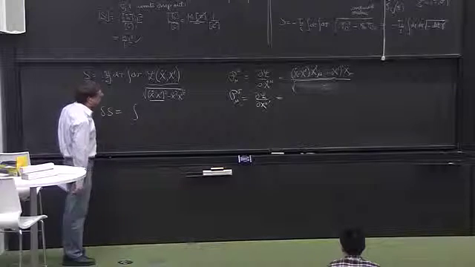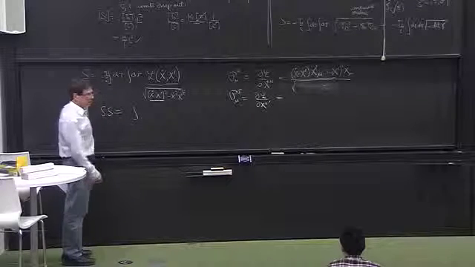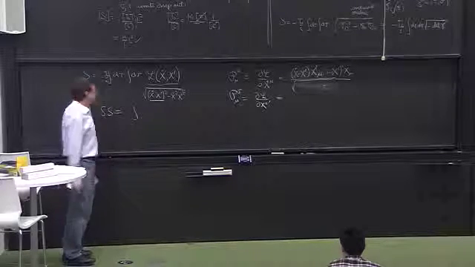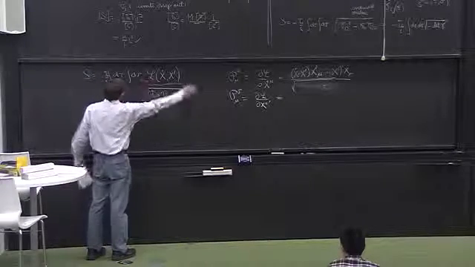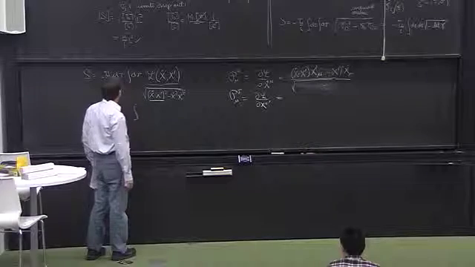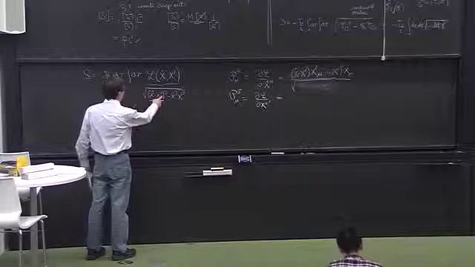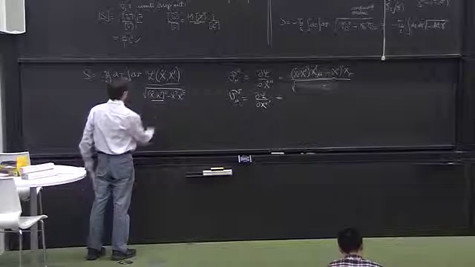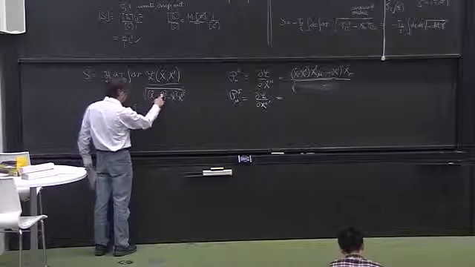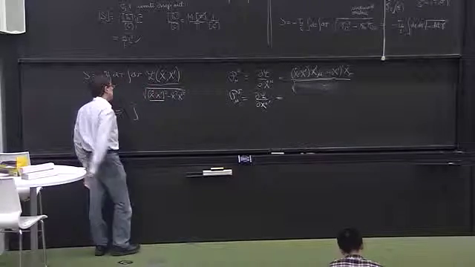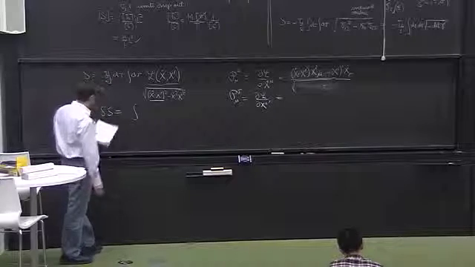Well, I'll rely on your remembering or having notes of how we varied the other one, because it's exactly the same. The only difference is that primes were x derivatives and dots were time derivatives. Now primes are sigma derivatives and dots are tau derivatives.